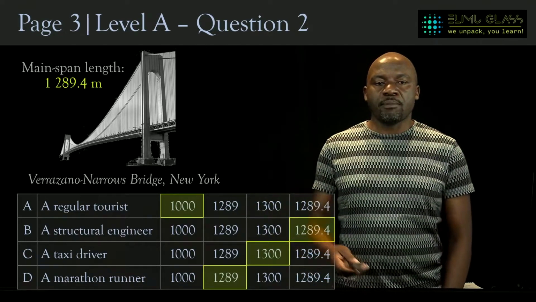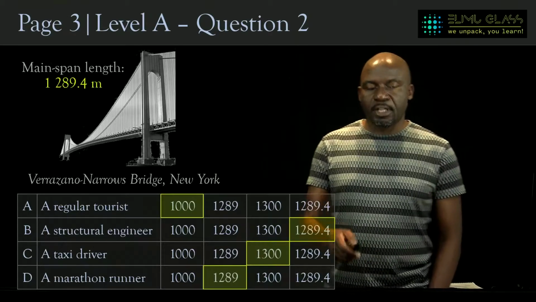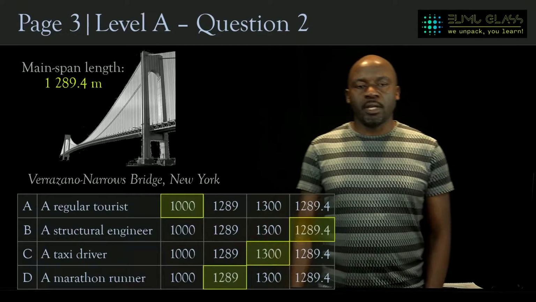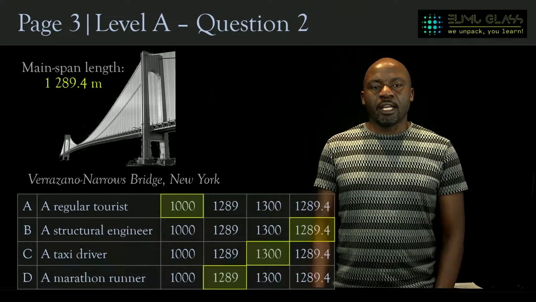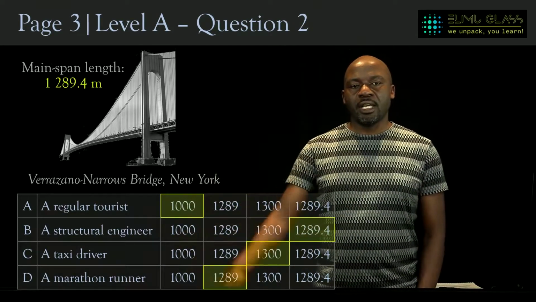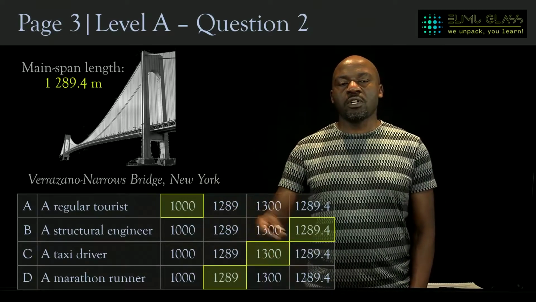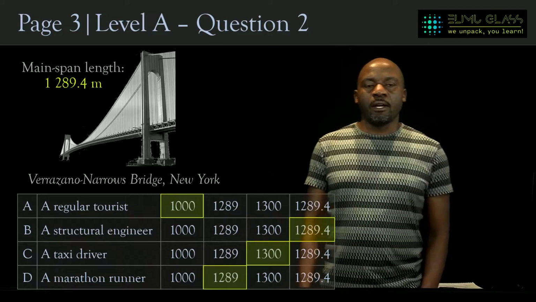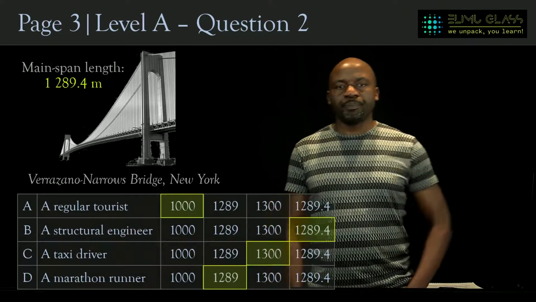We can argue that a marathon runner may also say 1,300, but any of those answers would suffice. What we are thinking about here is reasoning as to what number is important to whom, depending on the relevance of the information.